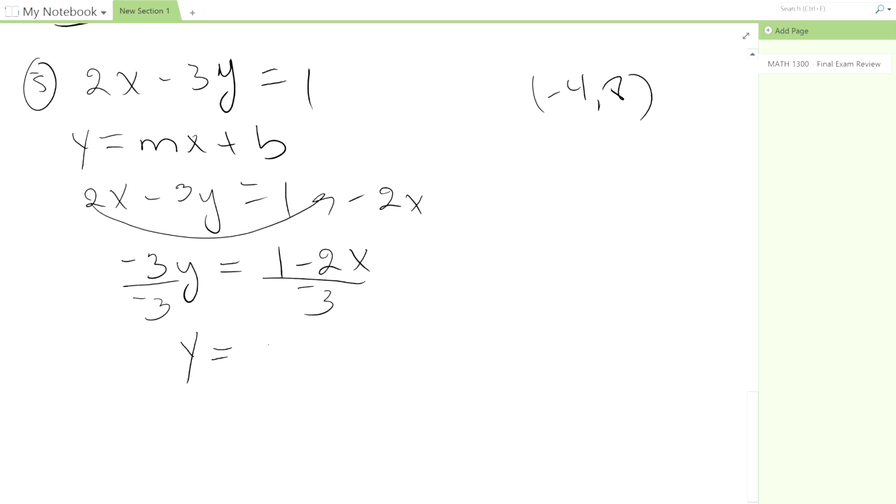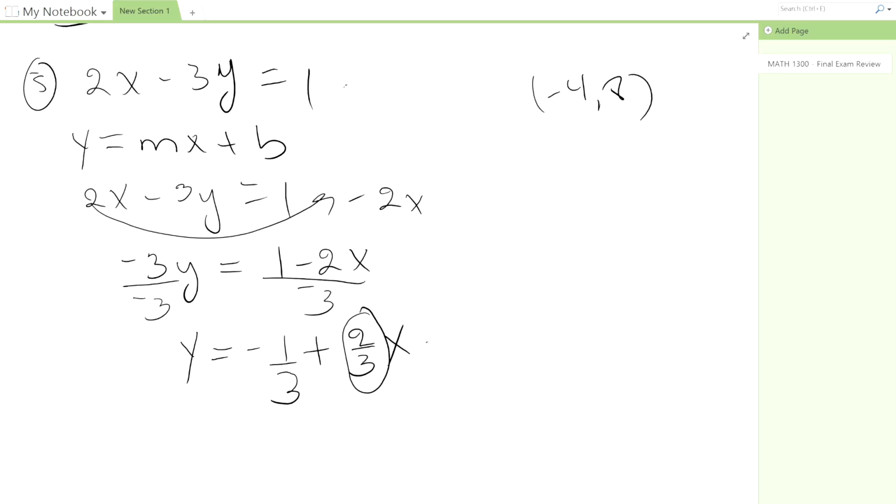Y is equal to negative 1/3 plus 2 over 3x. So I put the original equation in slope-intercept form. Now I can see the slope. The slope is 2 over 3 in this case.